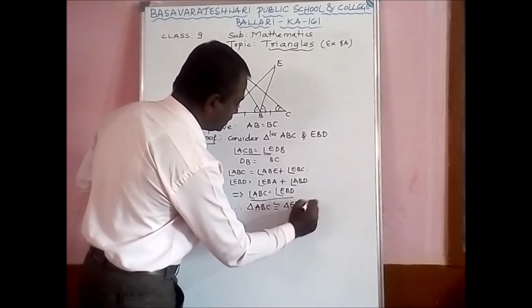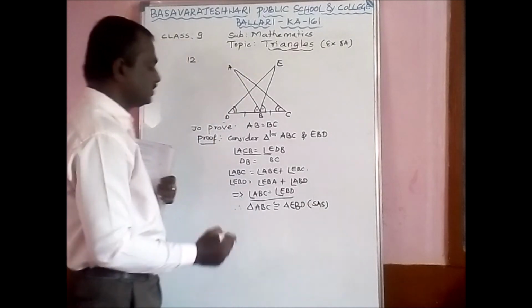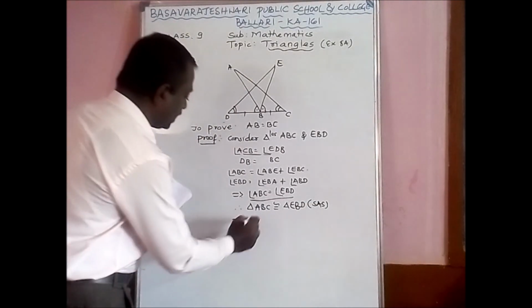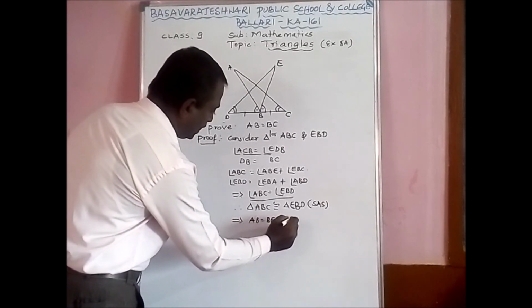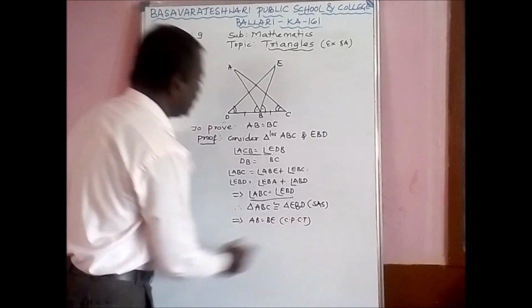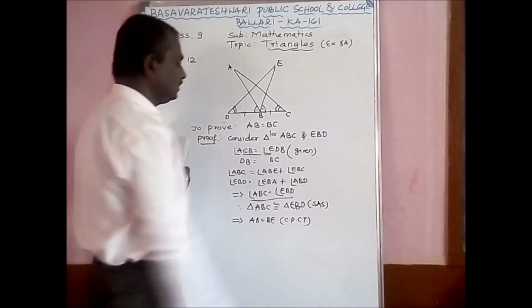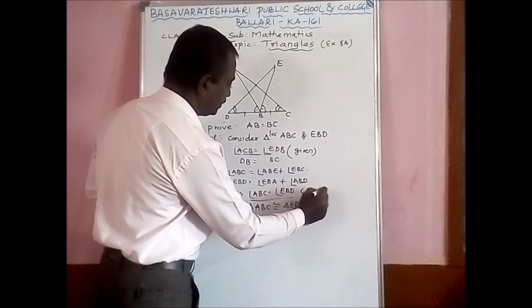On what basis? ASA. So this implies what we have to prove: AB is equal to BE, by CPCT. So here I will write it is given. So it is proved.